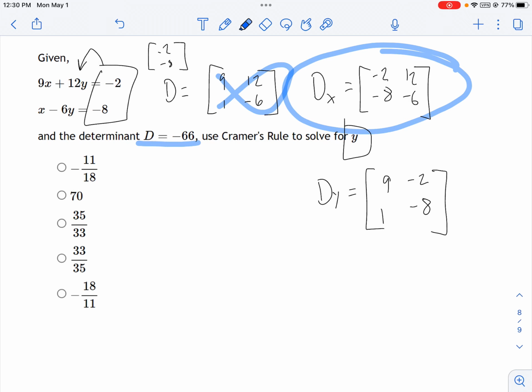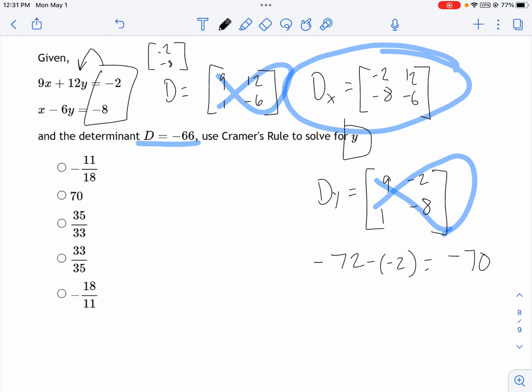So now we find the determinant of the dy matrix. That'd be the first main diagonal, 9 times -8, which is -72, and then subtract the product of the other diagonal, so -2 times 1 is -2. So we have -72 minus -2, and remember, subtracting a negative is addition, so -72 plus 2, which is -70.